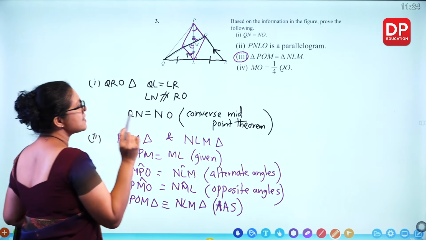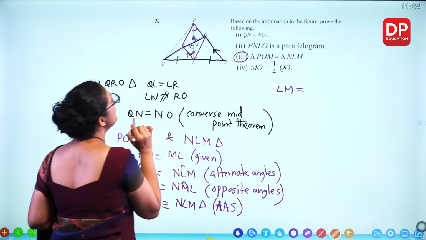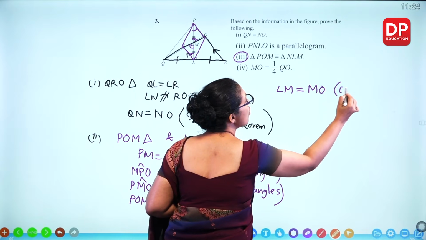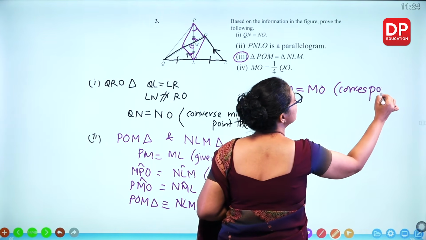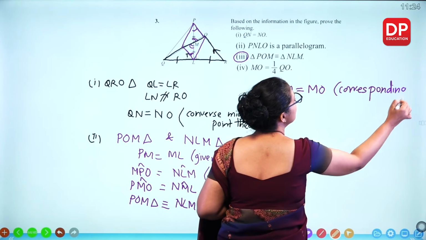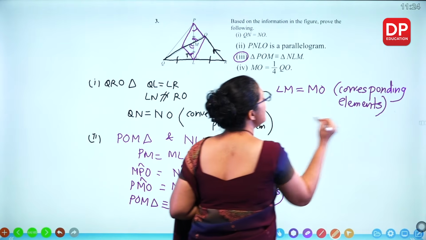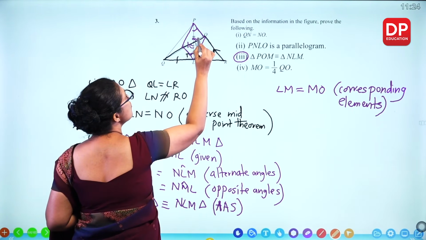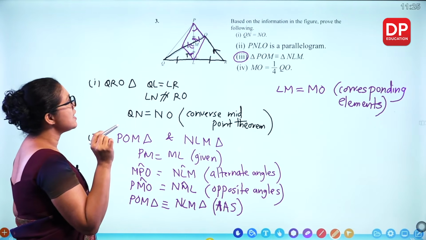Then we can say LM is equal to MO. Those are corresponding elements. Corresponding elements are equal. Then we found these two also equal. So diagonals bisect each other.